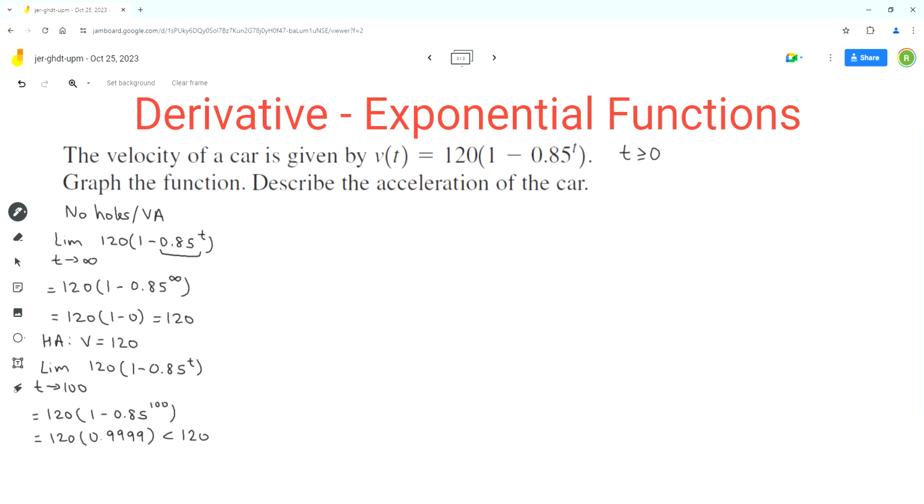And since this value will be less than 120, that means the curve approaches the horizontal asymptote from below. So this is the end behavior of the curve on the right side of the t-axis.